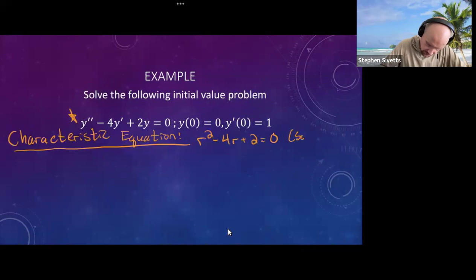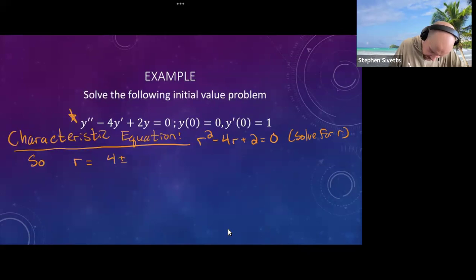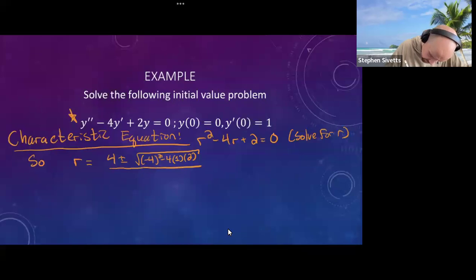And then what we need to do is solve for r. So r is equal to 4 plus or minus the square root of negative 4 squared minus 4 times 1 times 2, over 2 times 1.